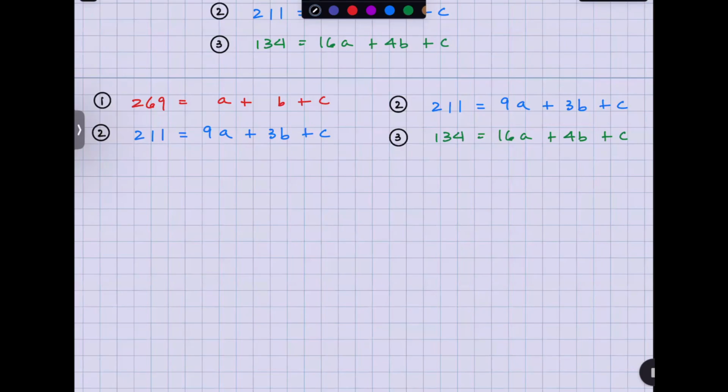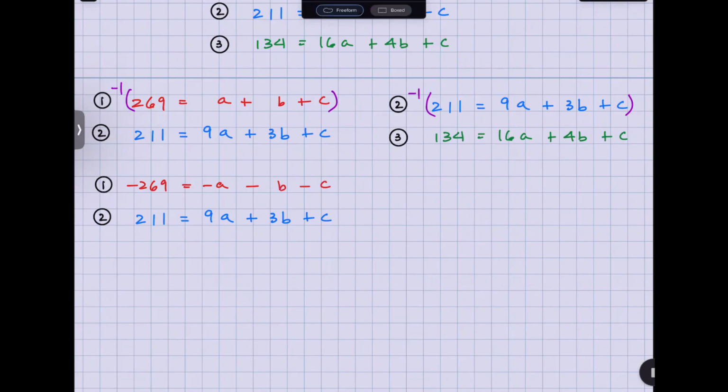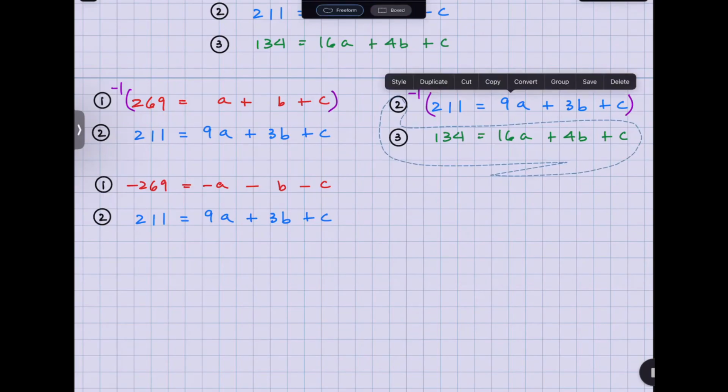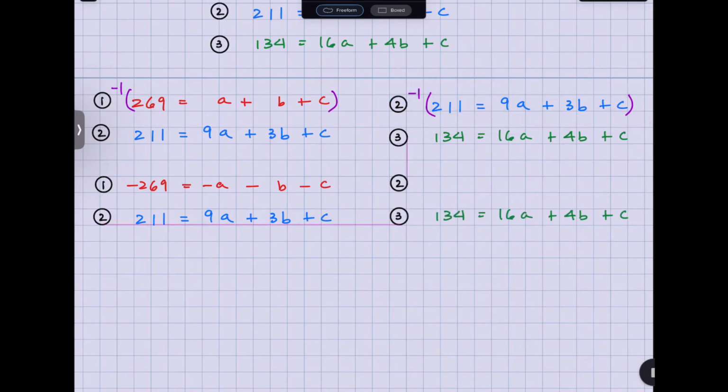To eliminate these, I'm just going to distribute a negative through the top. Also through the top here. My equation 1 is now negative 269 is equal to negative a minus b minus c. And over here, obviously you don't have to do this simultaneously like I am right now.